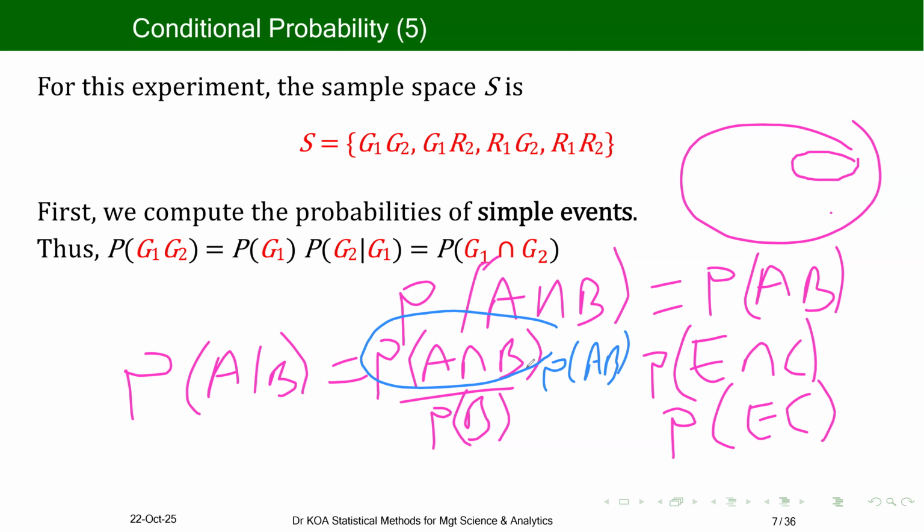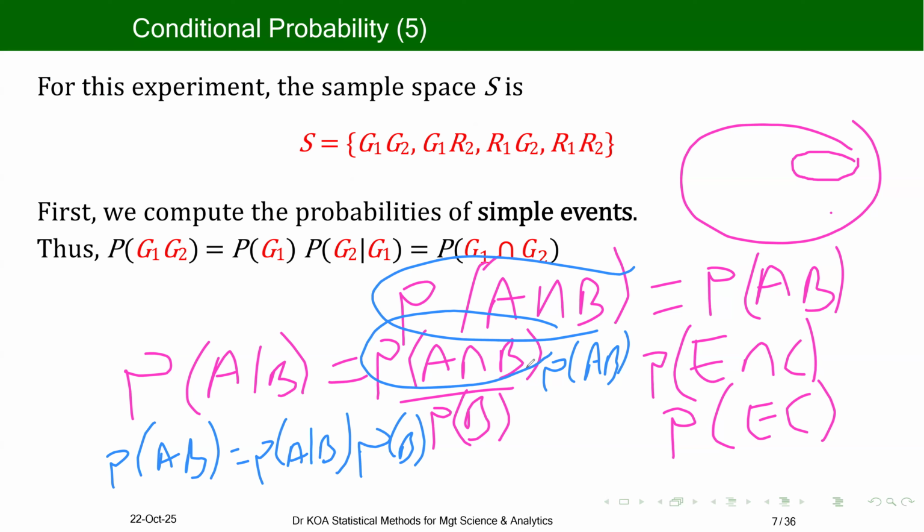The probability of AB is not the same as the probability of A times the probability of B. It's the same in conditional probability terms: the probability of A given B multiplied by the probability of B. So the probability of AB here is the probability of A given B multiplied by the probability of B. That's it. Which happens to be the same as this, isn't it? Yes. Intersection B. If you don't know, you write it down.